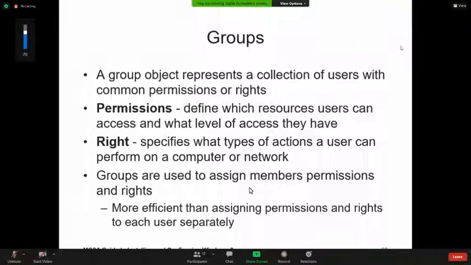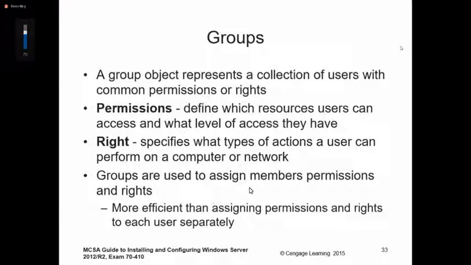Groups. If you create a group, it's a collection of users. Whatever you apply to the group will apply to all the users, right? Permissions define which resources users can access and what level of access they have. So you can put whatever permissions on the group. Rights specify what actions a user can perform on a computer or network.